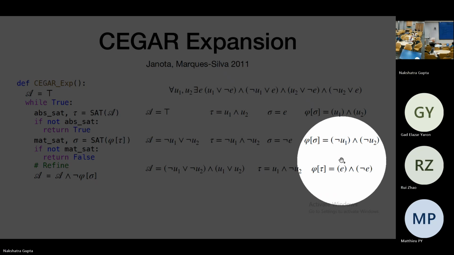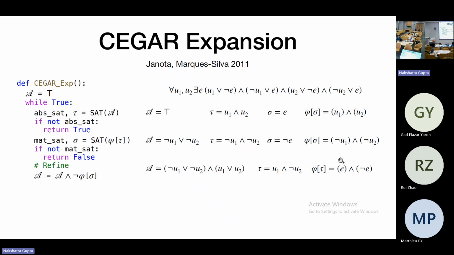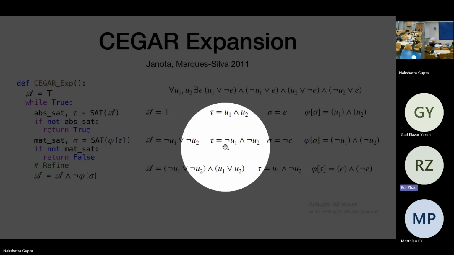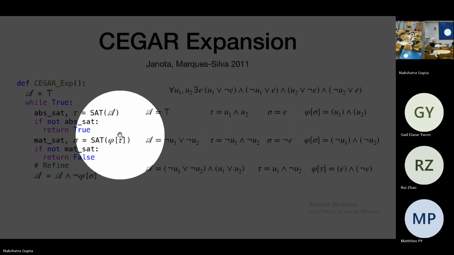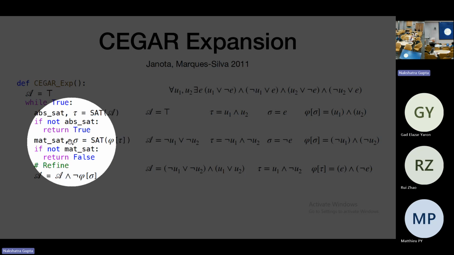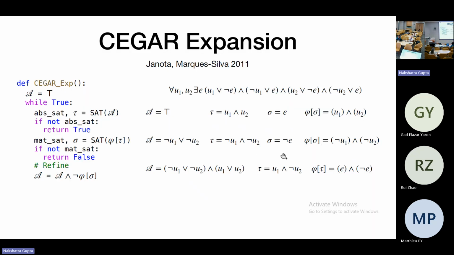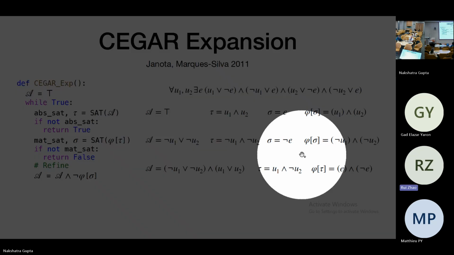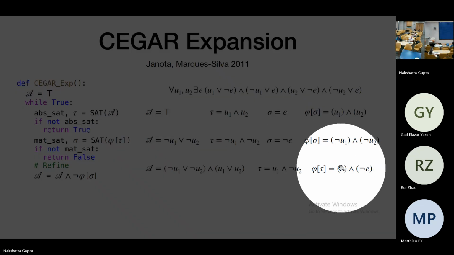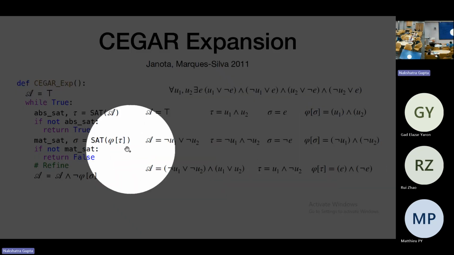At this point, we would say that's not satisfiable because we have this formula here that's unsatisfiable, and so we would return false at this point.